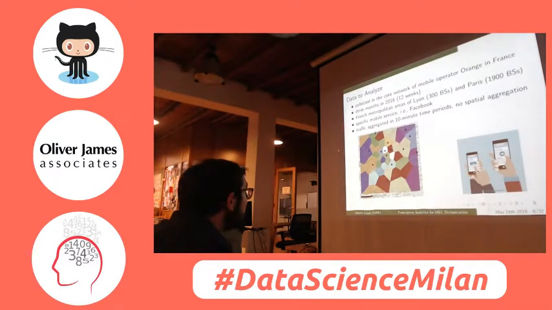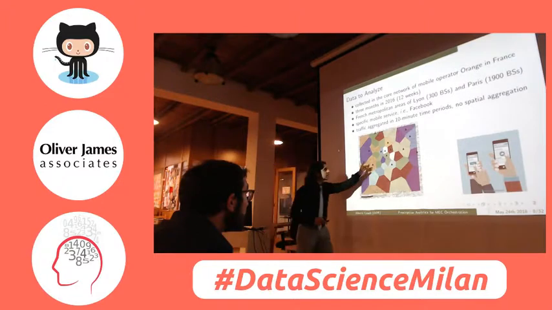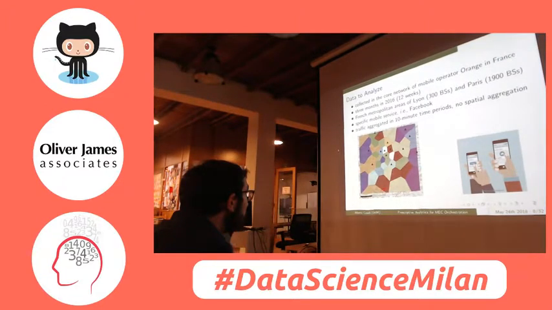We tried to run some experiments on real data. So we had real network data over the cities of Lyon and Paris. They have this kind of number of base stations. It may be hard to see, but this is already a spatial aggregation of base stations in Paris.